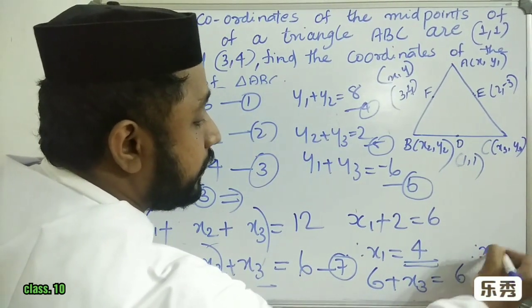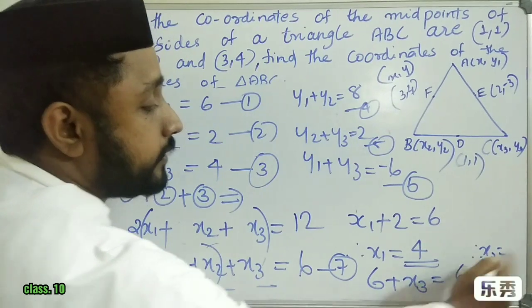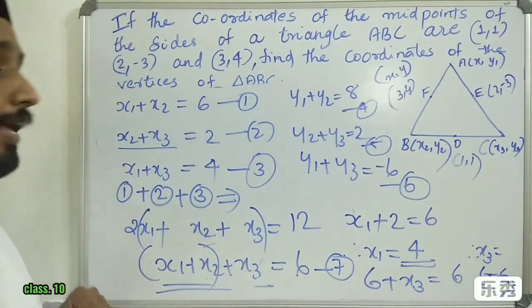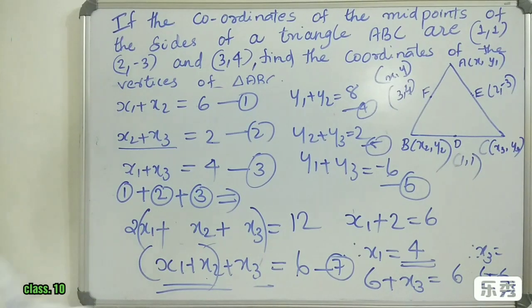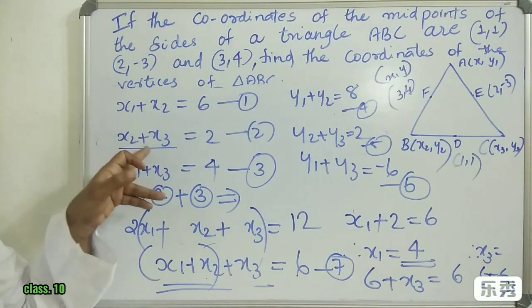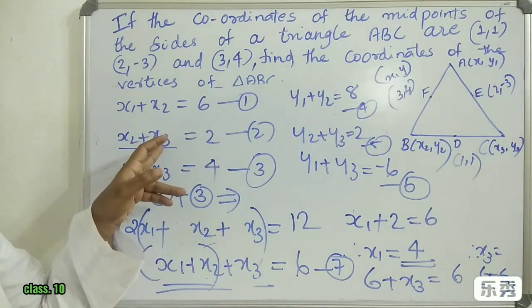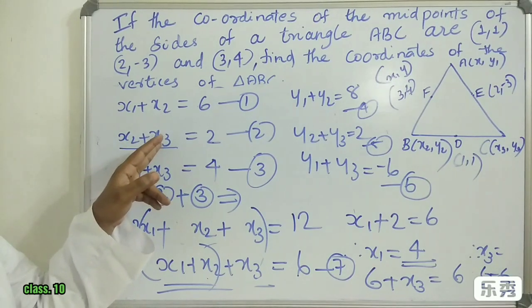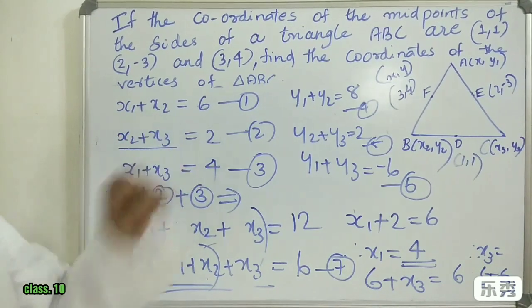Therefore x3 is equal to, 6 goes to RHS, 6 minus 6, which is equal to 0. So we got x3 is equal to 0.